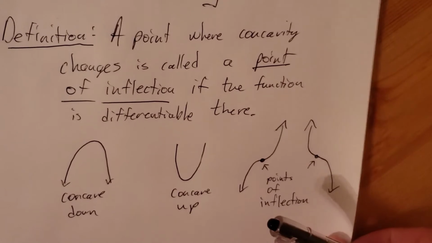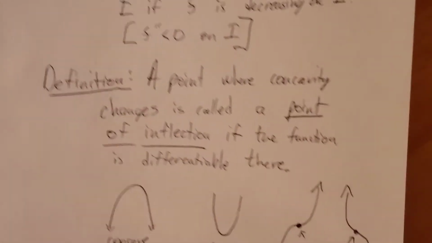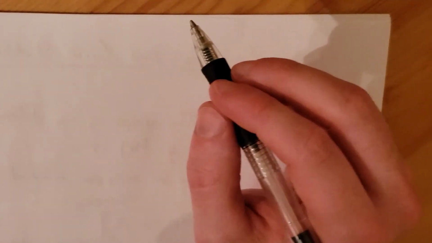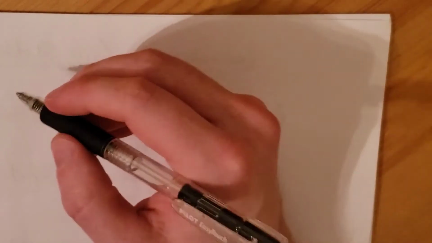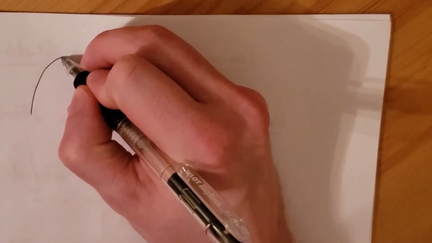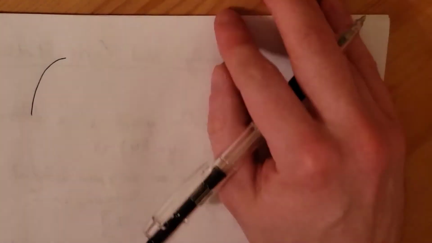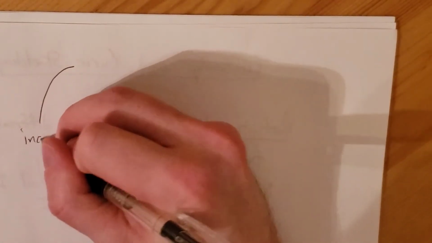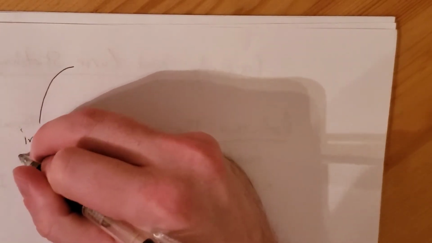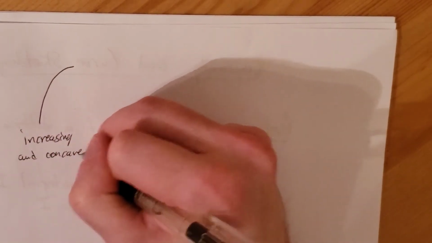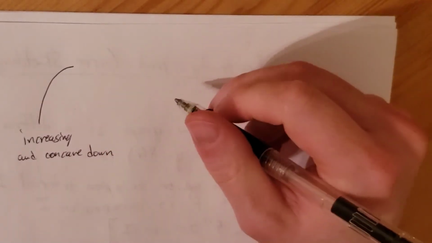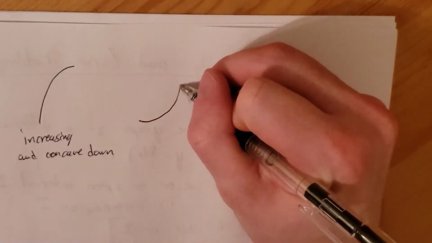All right. And real quick, let's write down some example sketches. We've talked about concave up and concave down now, and in previous videos we've talked about increasing and decreasing. So in general, if we have a function on a certain interval that is increasing and concave down, we get something like this. So this is increasing and concave down. Increasing and concave up would look like this.